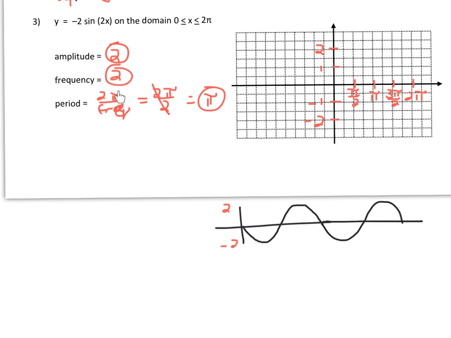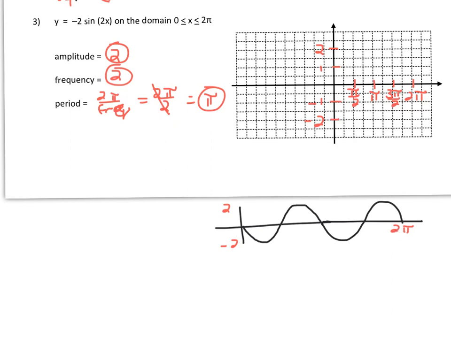And the frequency is how many curves you're going to fit between 0 and 2 pi. So if this is 0, all the way over here is going to be 2 pi. It takes us 2 pi units to fit 2 sine curves. So if we wanted to figure out how long it would take to complete one sine curve, this should be halfway between 0 and 2 pi.